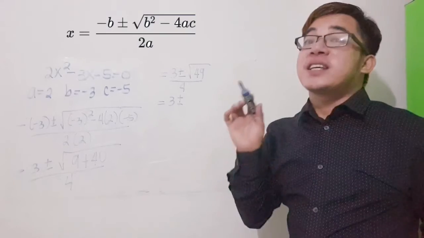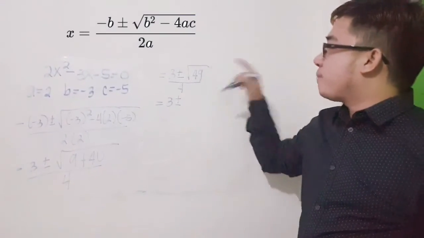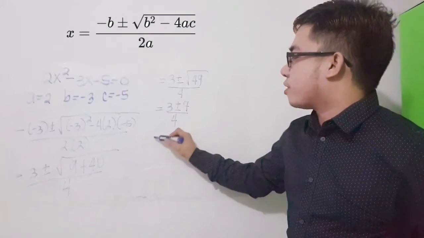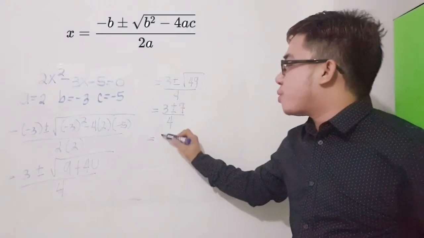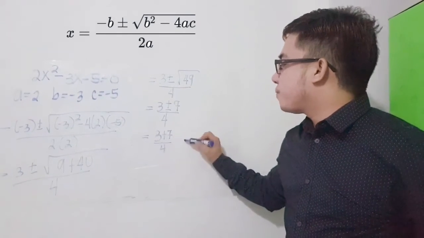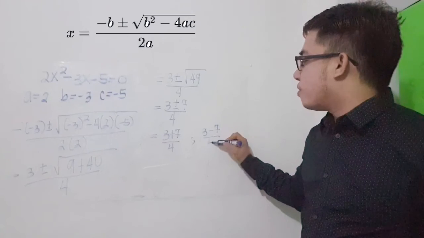And that is 7 times 7, which is equal to 49. Therefore, the square root of 49 is equal to 7 all over 4. Then you are going to separate the plus and minus. So we will be having 3 plus 7 all over 4. And the other one is 3 minus 7 all over 4.